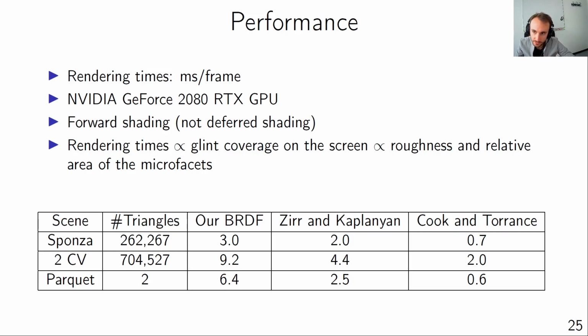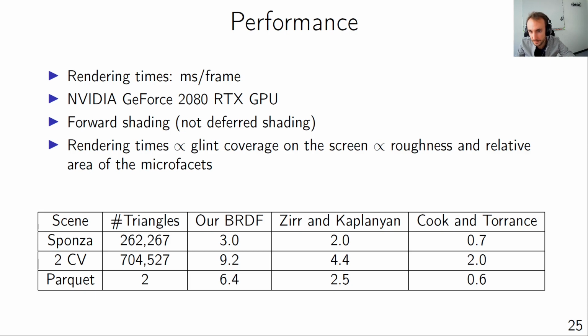The rendering time is proportional to the glint coverage on the screen, which is proportional to the roughness and the relative area of the microfacets. The Sponza scene takes on average 3 milliseconds to render with our method.